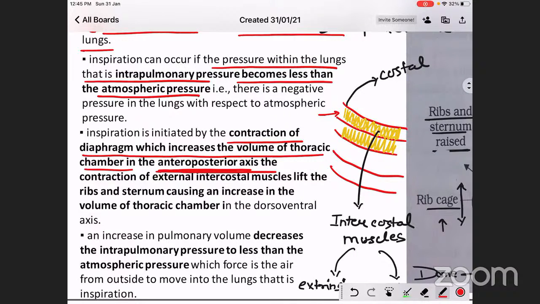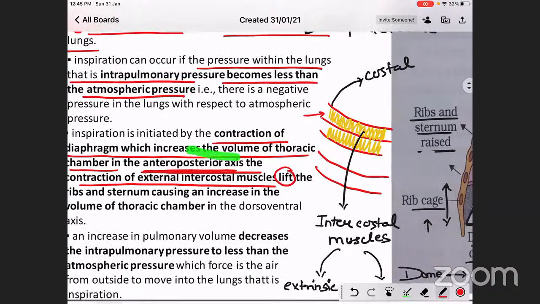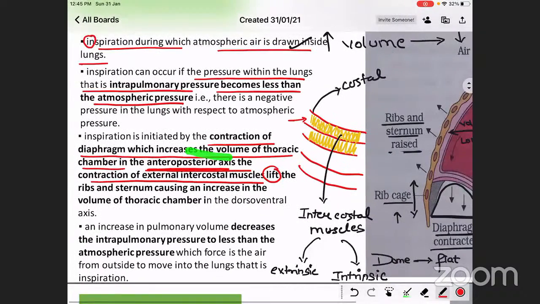That is the reason contraction of the external intercostal muscle lifts the ribs and the sternum, and ultimately if the ribs and sternum move outward, they increase the volume in the thoracic chamber in the dorsoventral axis.